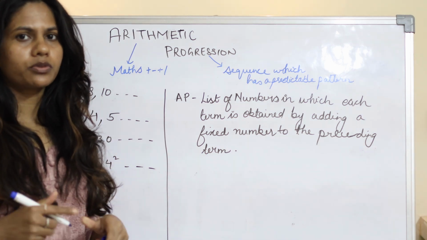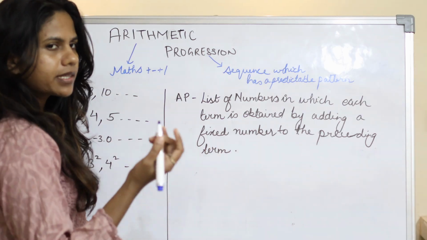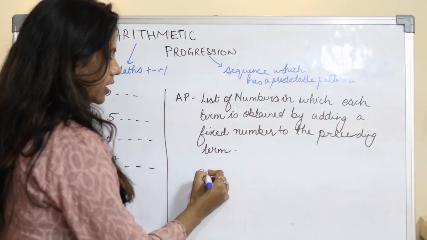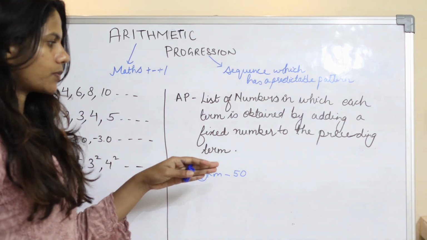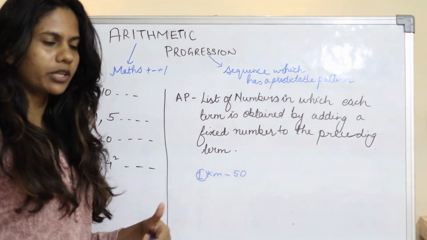Whenever you use the Uber application, they have fixed a base fare for the first kilometer, for example 50. And for each subsequent kilometer, they will increase the pricing by 20 rupees.